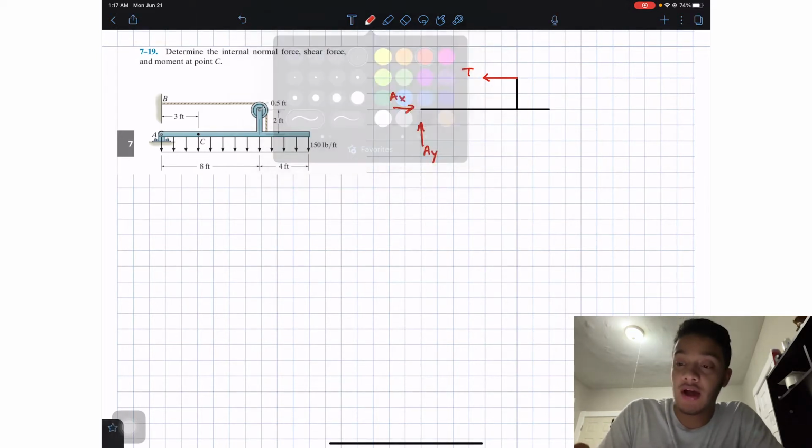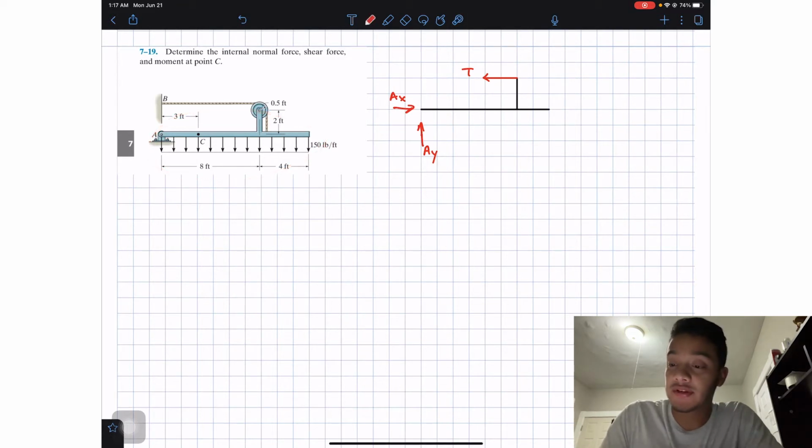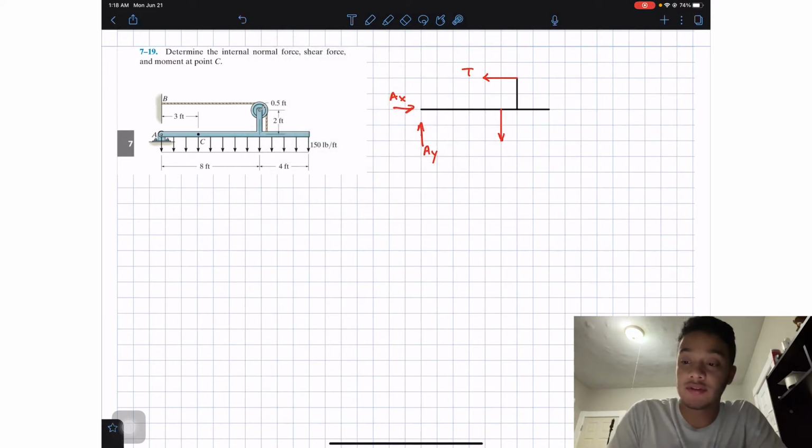Now we also have this distributed load in here, so let's replace it by one force, and for that we need the area of this rectangle. What are we going to have?